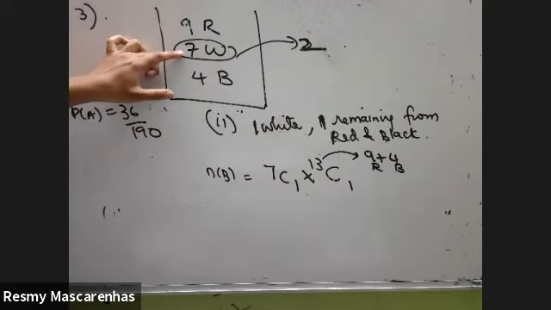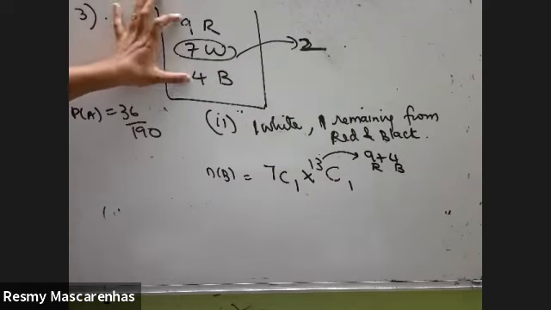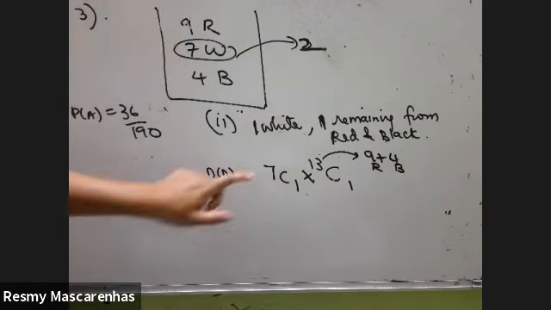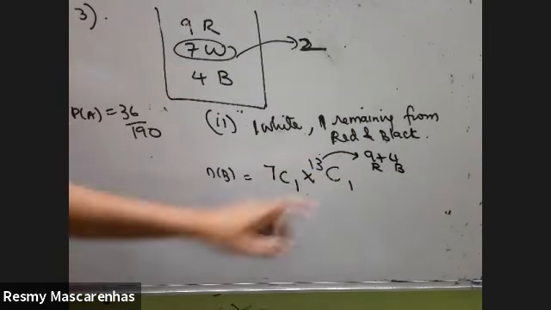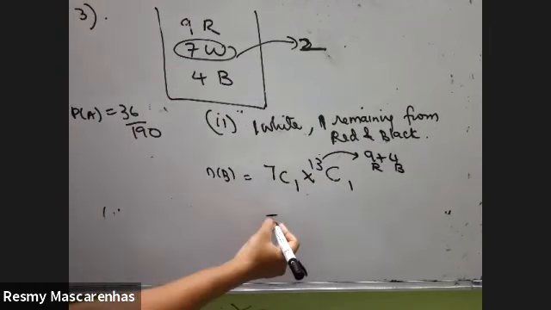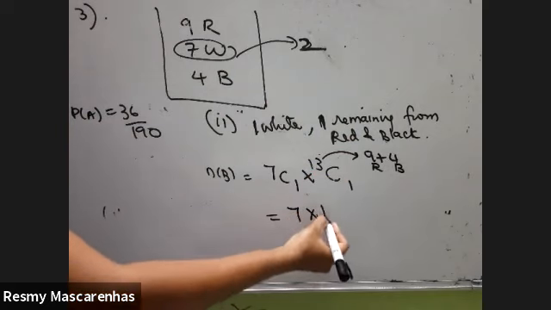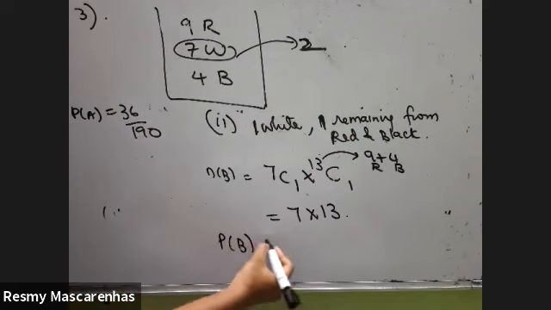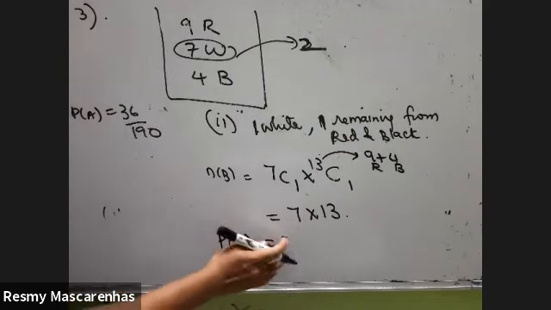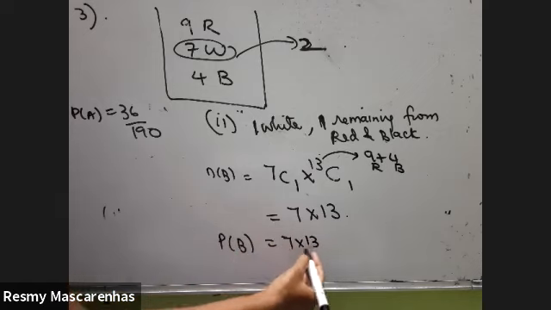So one from 7 white and one from this. When you add, the numerator should give you 20, and the denominator should give you 2, and then calculate. 7C1 is anyway 7, and 13C1 is anyway 13. So probability will be 7 into 13 upon 190. Then you calculate.